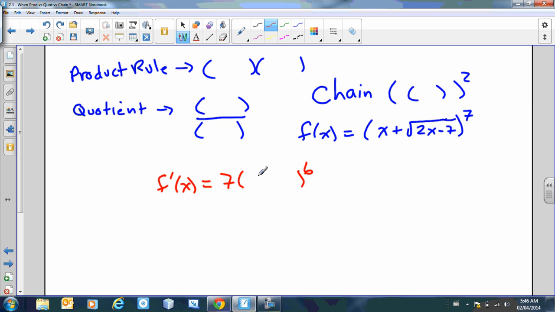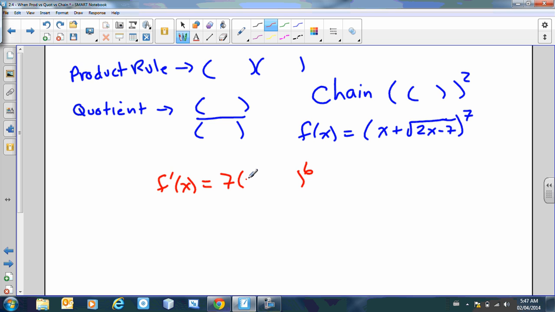And then basically the chain rule says if we have an unknown term here other than just a term in x, then we have to do something with it as well. If this were just x to the 7th, we would be done because the derivative of x is just 1. If the derivative of the term in the brackets is not just 1, then there's more work to do.